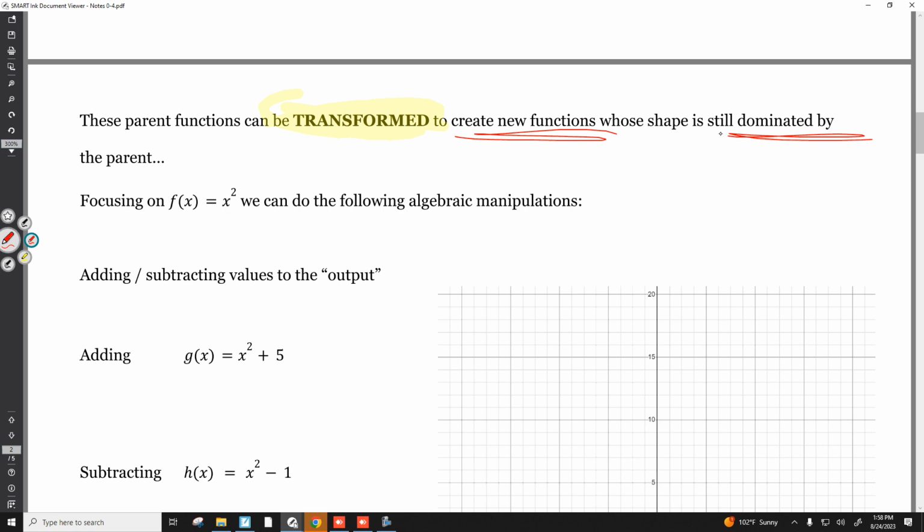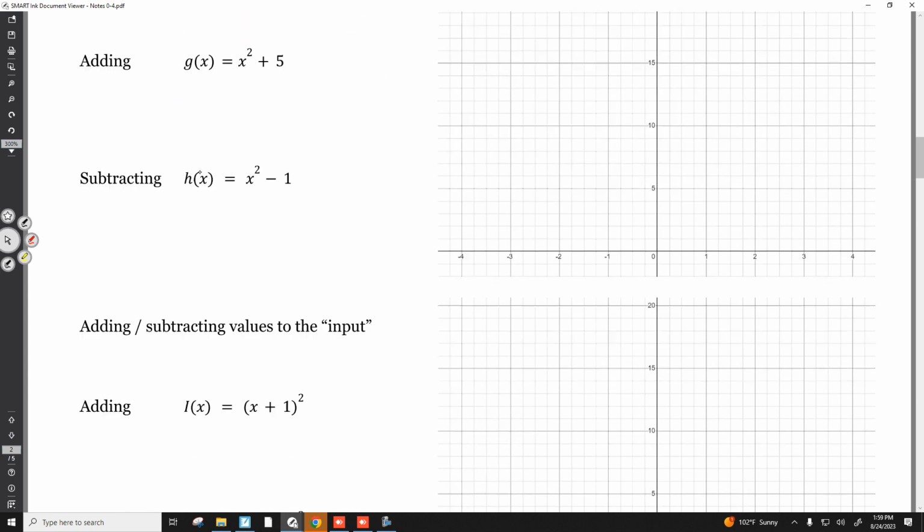And all we're going to do is just do math to our x squared. We're going to start with x squared and do some math to it, which means we could add and subtract numbers inside or outside our square. We can multiply, we can divide by numbers, and that's kind of it. And what we're going to see is what happens to the graph of my parent function if we add or subtract in this way.